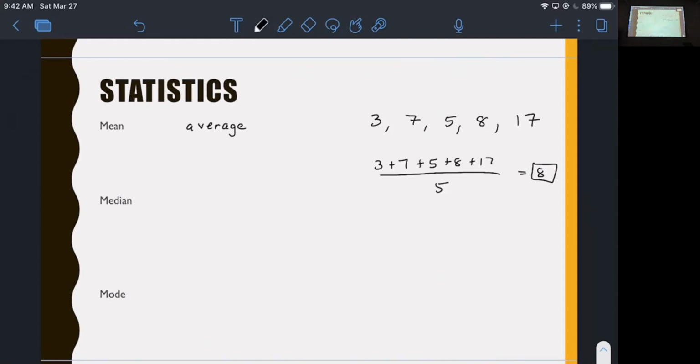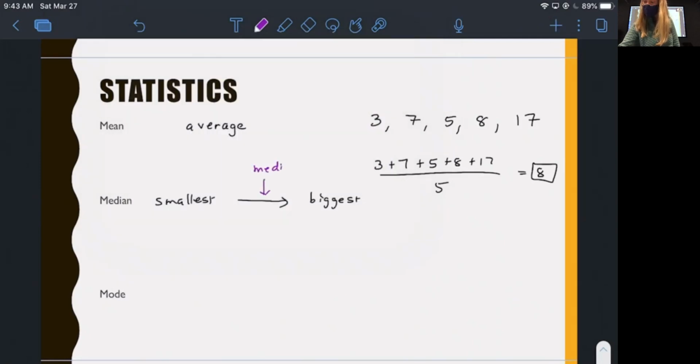So as long as you know what the words are, you're good to go on these statistics problems on the test. What's median? You guys remember what the median is? Yep, list them from smallest to biggest. And where's the median? To the middle.